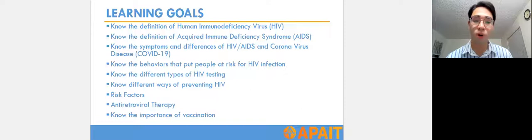Then after that, we're going to learn about different types of HIV testing and ways to prevent HIV. And once we have covered all of those components, we'll briefly talk about the risk factors of COVID-19 among those living with HIV. And this is where we'll learn about antiretroviral therapy and the importance of COVID-19 vaccinations.